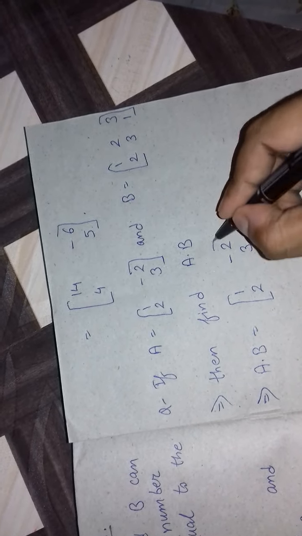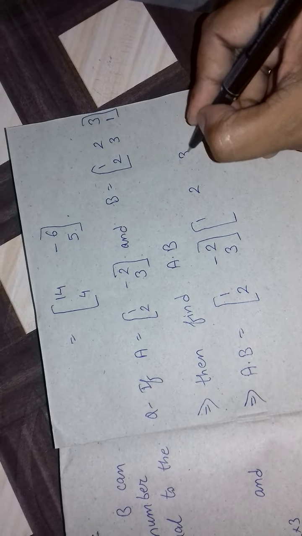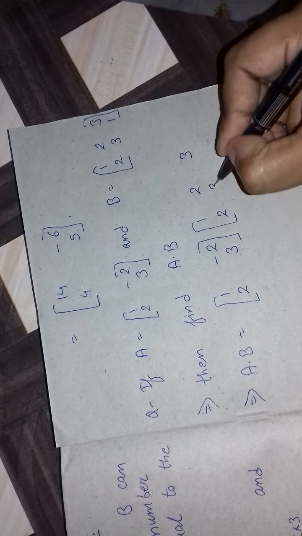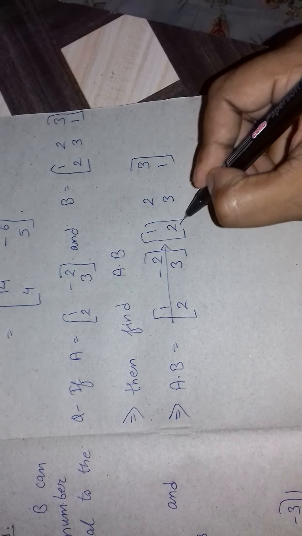So our AB will be, we will multiply A with B. As I have told you, we have to multiply this row with all the columns.